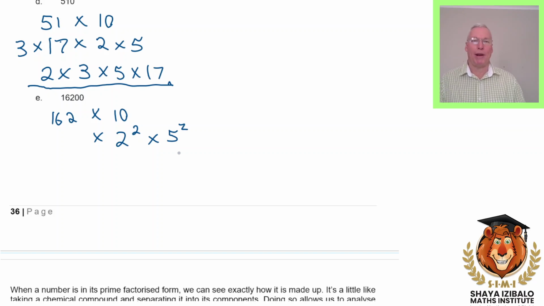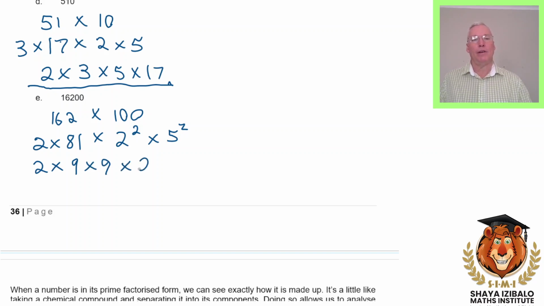All right, but I've prime factorized the 4 and I've prime factorized the 25. 100 is just 2 2's and 2 5's. Okay, 162 is even, so it's 2 times something, and in fact half of 160 is 80 and half of 2 is 1. Right, again, as you work more with numbers, you'll become more and more comfortable with this. But what is 81? Well, I'm hoping you know that 81 is 9 times 9.